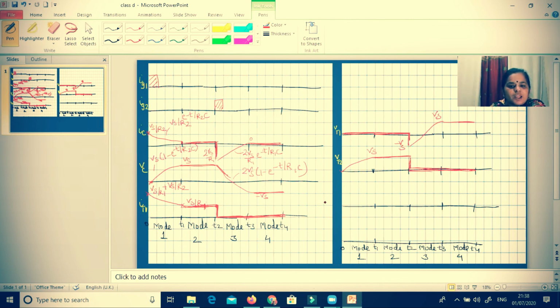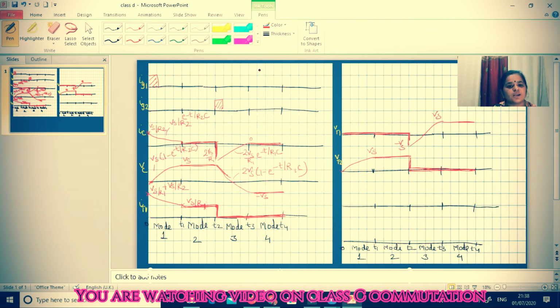So this is VT2. I hope these waveforms are clear to you.